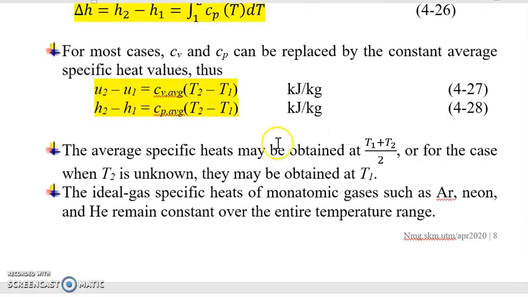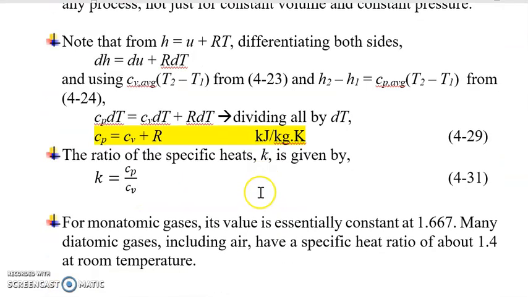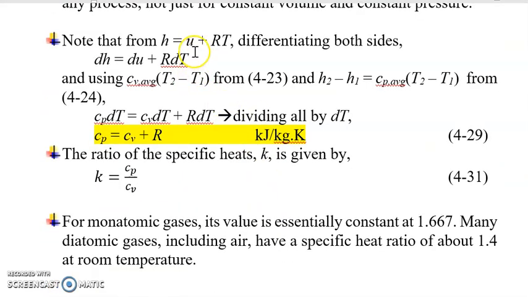Now, equations 427 and 428 are valid for any ideal gas undergoing any process, not just for constant volume and constant pressure. With H equal to U plus RT, you can differentiate both sides, and using the definitions from 423 and 424, you get 429, which is Cp equal to Cv plus R. It means that if you know Cp or Cv, you may get the third parameter from this equation.